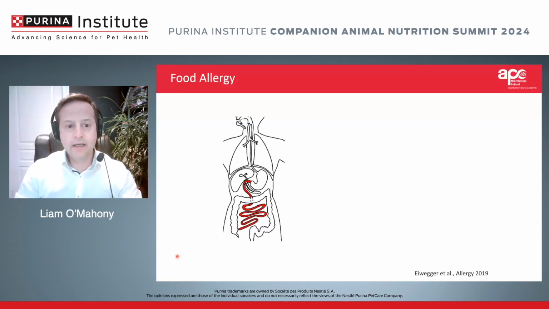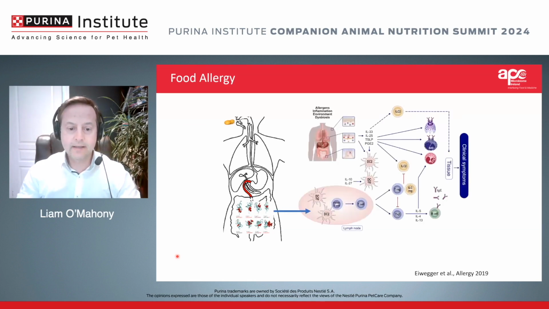Now, in IgE-mediated food allergy, the underlying immune cells and molecules involved in the food allergy response are fairly well known. Following ingestion and digestion of the foods in the intestines, these antigens or allergens are presented by dendritic cells to naive T cells, and usually you should get a regulatory cell response.